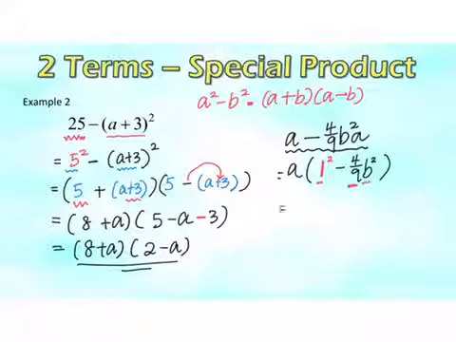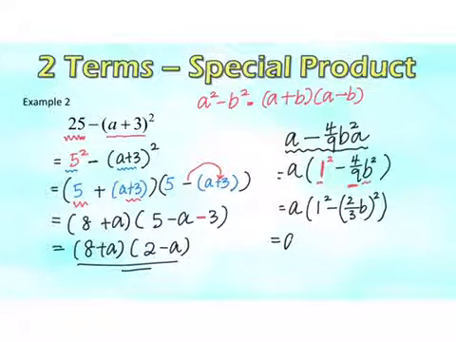So for this question, we'll keep out a for the factor. 1 square minus 4 over 9. 4 is 2 square. 9 is 3 square. And there's b whole thing square.